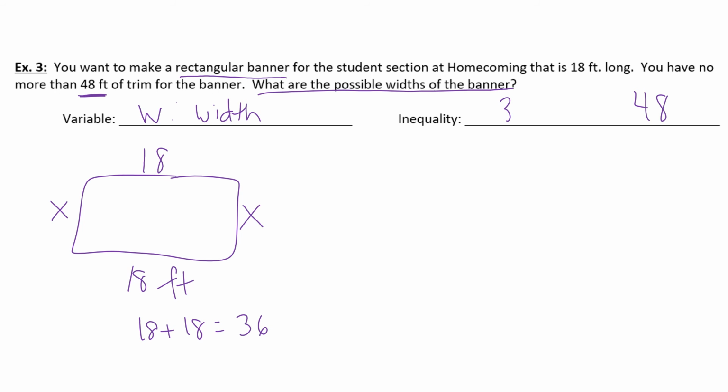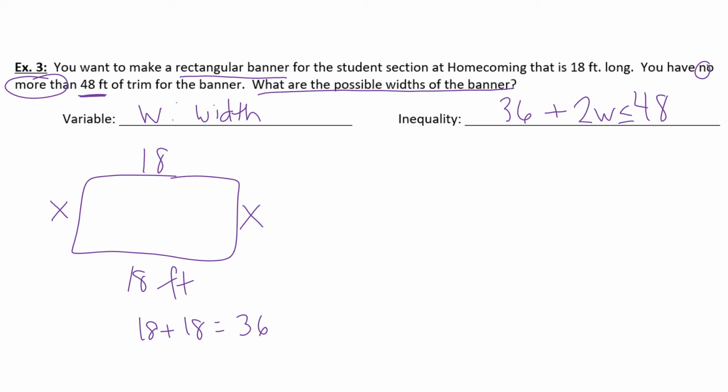So I already am using 36 of that. So 36 plus 2 times W, right? And then it says no more than, which means it has to be less than or equal to 48. So I have the 36 for the lengths. I need 2 widths, and that has to be under the 48.